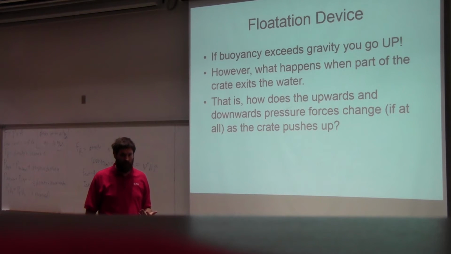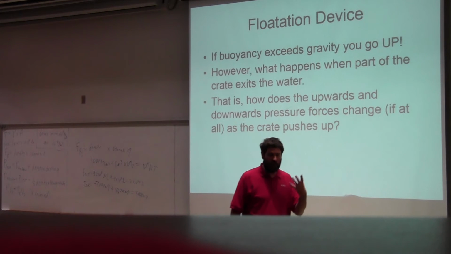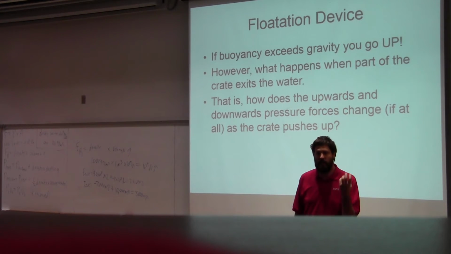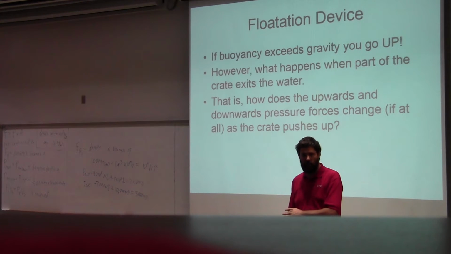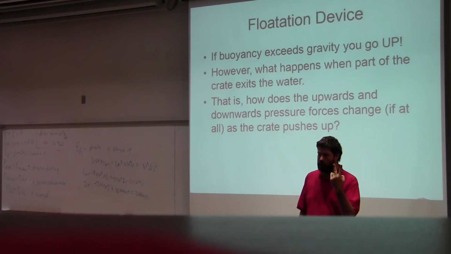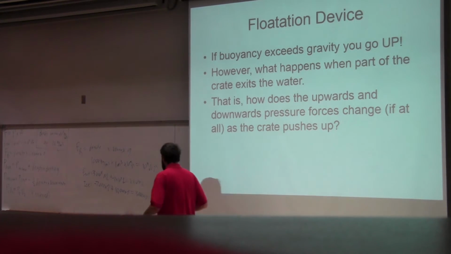I'll have zero net force. So an object that is floating usually will have zero net force. Now let's think about that. Zero net force means that zero equals the sum of all forces, and I only have two forces, gravity and buoyancy. So let's write that on the board.